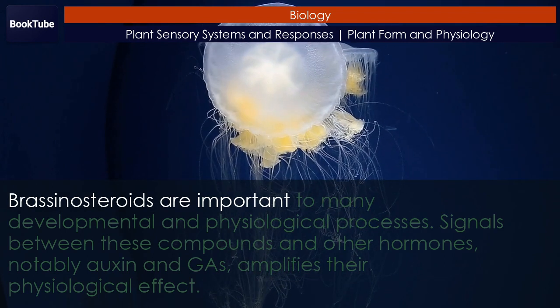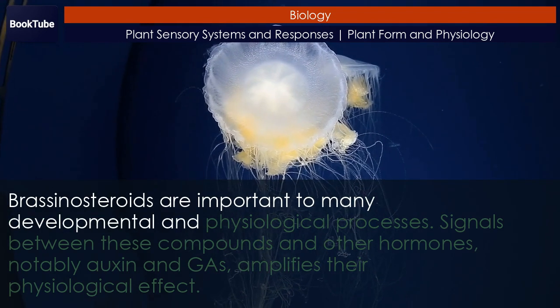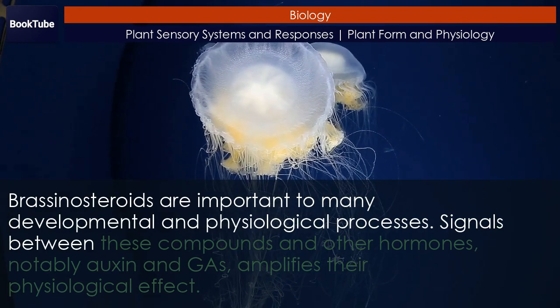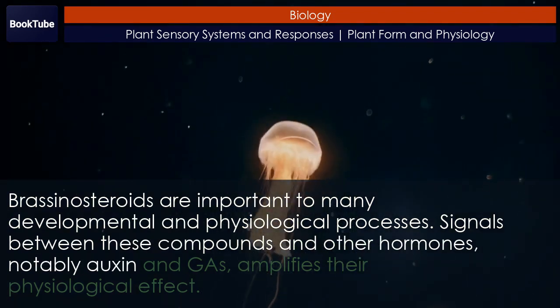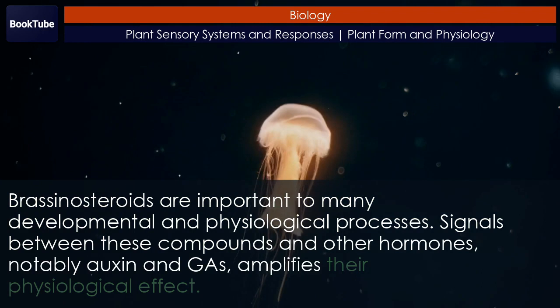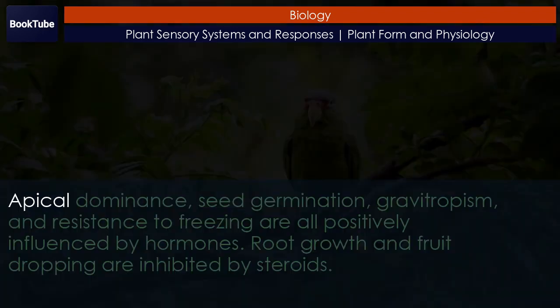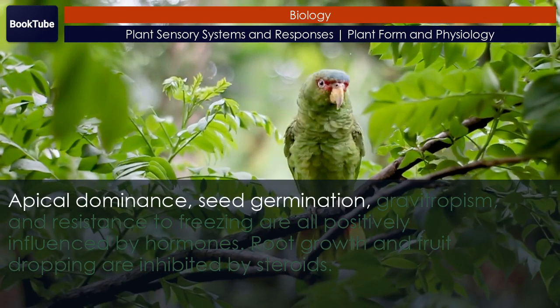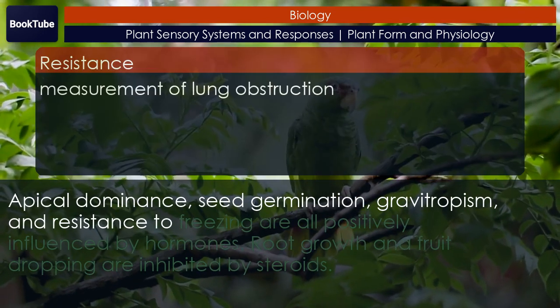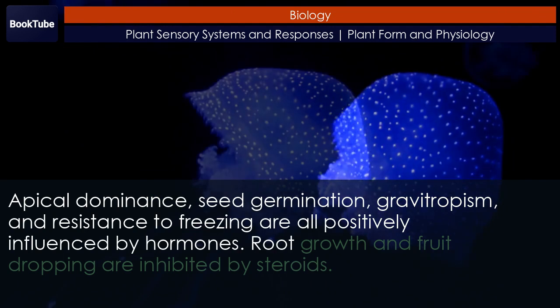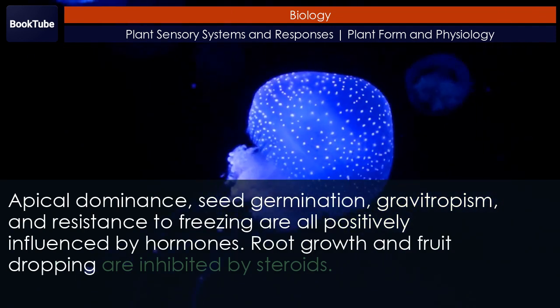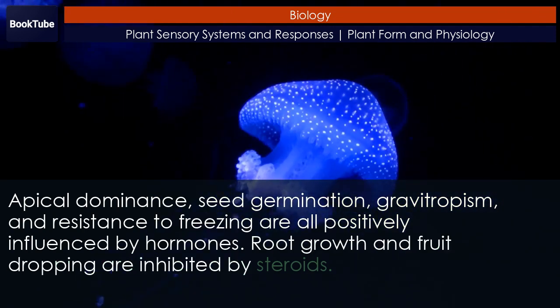Brassinosteroids are important to many developmental and physiological processes. Signals between these compounds and other hormones, notably auxin and GAs, amplify their physiological effect. Apical dominance, seed germination, gravitropism, and resistance to freezing are all positively influenced by brassinosteroids. Root growth and fruit dropping are inhibited by brassinosteroids.